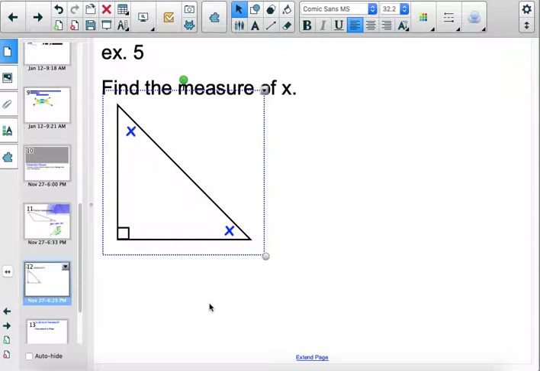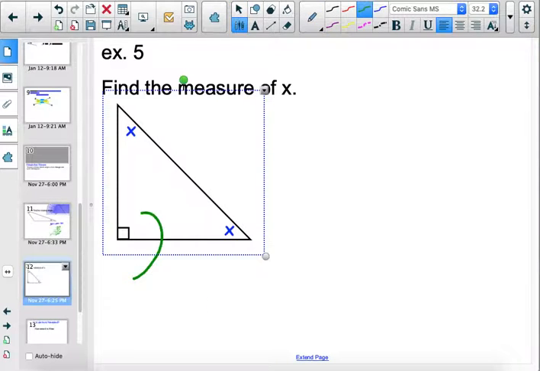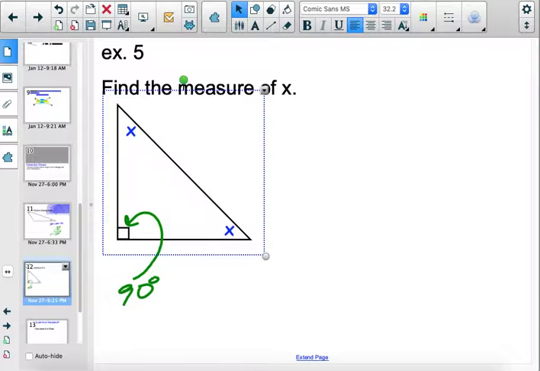Alright, let's start talking about this. Andrew's off to a hot start. Andrew, what did you say that you knew that this equals? 90. So, you know one of the angles is 90, and you also know the other two are both labeled x. If they're both labeled x, that means they have to be equal. You can't have x equal 30 and the other one equal 20. If one equals 30, they both equal 30.